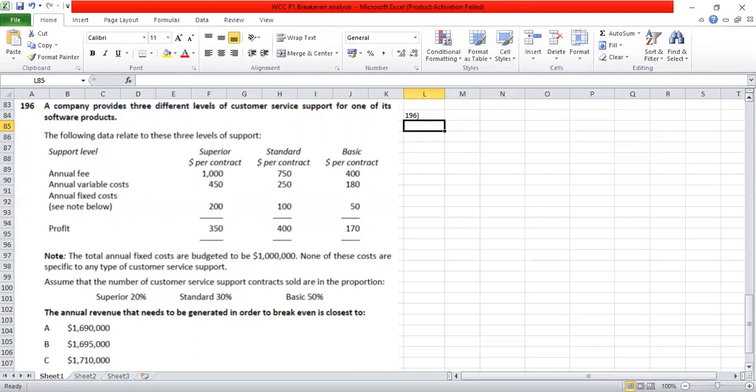The total annual fixed costs are budgeted to be 1 million. None of these costs are specific to any type of customer service support. Assume the number of contracts sold are in the proportion of 20, 30, and 50%. The annual revenue that needs to be generated in order to break even is closest to.